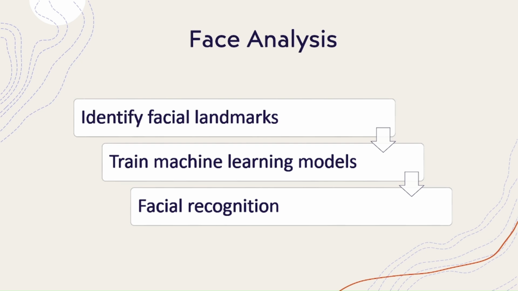This helps in identifying facial landmarks, which allows us to understand expression and even analyze emotions. These features are also used to train machine learning models for facial recognition, age estimation, and gender identification.